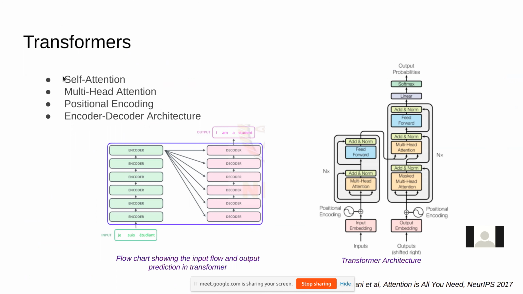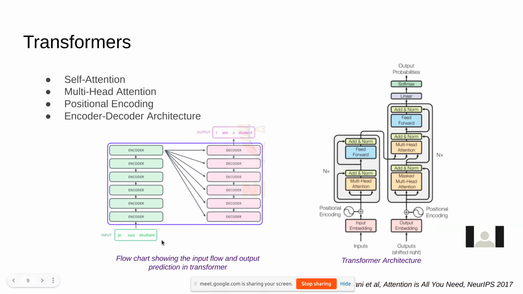Before moving on to that, let's just see how this transformer works. So the general flow is that you give an input to the model. This set of encoders and decoders, this blue block here, is representing the transformer model. So giving an input sentence to the model, it should produce the output sentence in a target language.